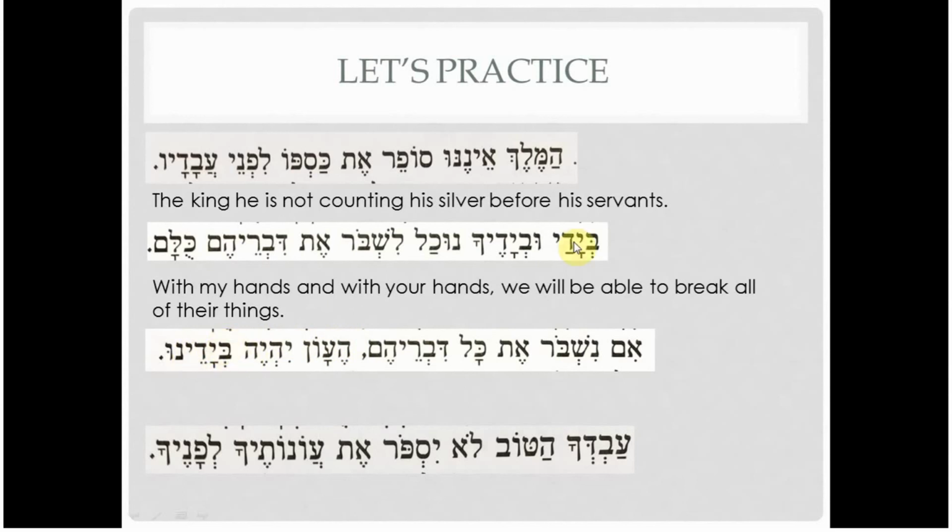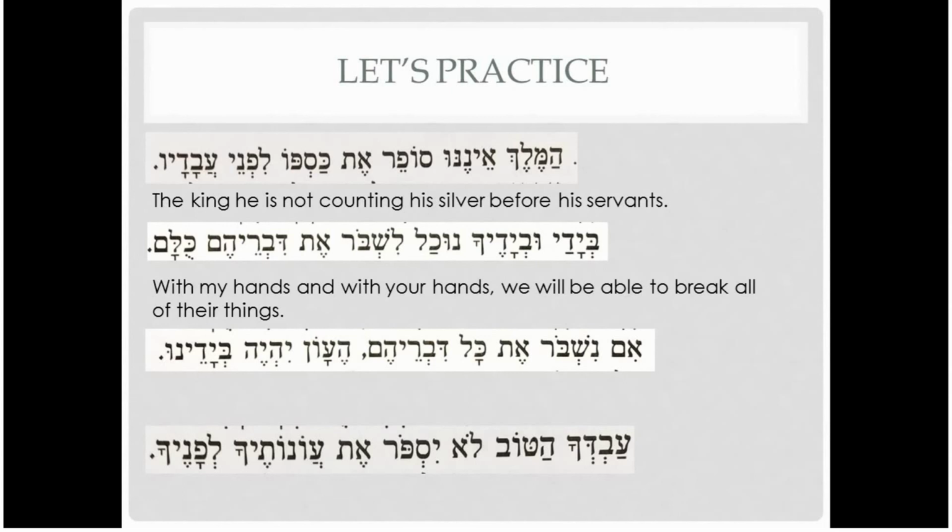Here, this is similar to what we had above, right? We have the beit here and the beit here. But in this case, it's actually in our hands. And again, this is plural because we have the yod between the dalet and the noon. Notice how important that yod is for differentiating the plural nouns from the singular nouns. It's very, very important. And you just make sure that you're looking for those things.